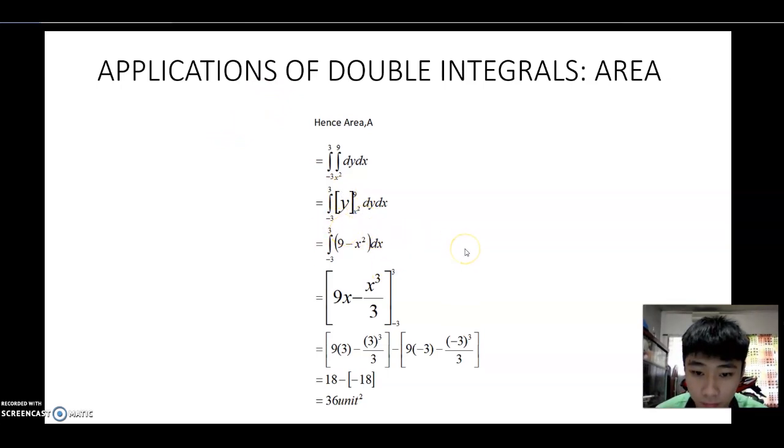After we get this function, we integrate one more time, and we will get this function. Then replace the variable x of this function with 3 and negative 3. So we will find the area of rectangle R. Finally, the area of rectangle R is 36 units square.